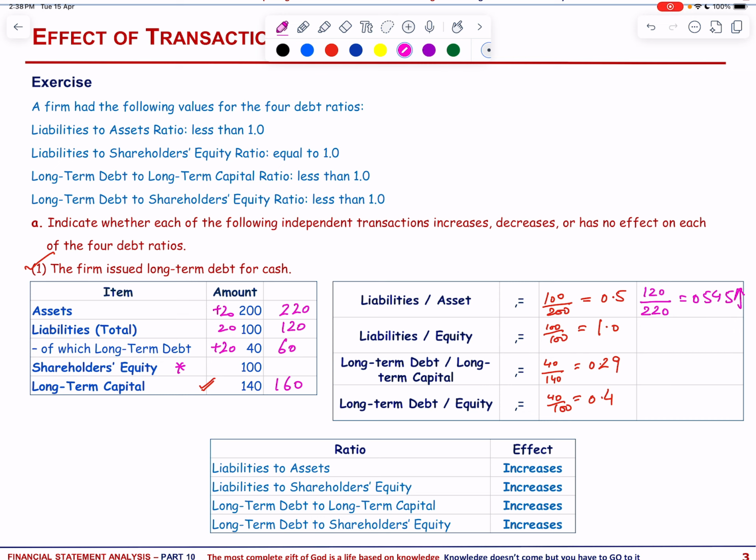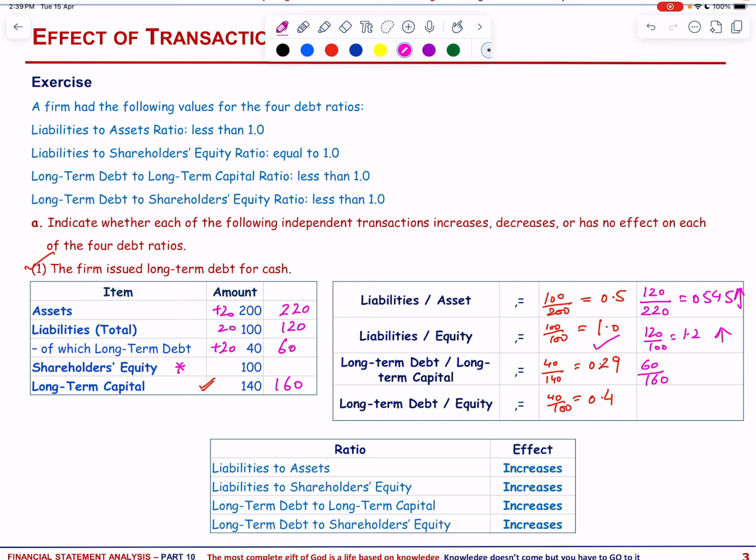Now coming to liabilities to shareholders' equity, this is equal to 120 divided by 100. This will be equal to 1.2. This also increases, as you can see, from 1 to 1.2. Then the long-term debt to long-term capital ratio is going to be 60 divided by 160 now.